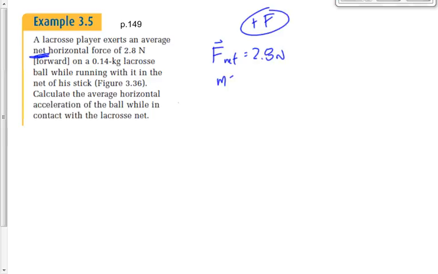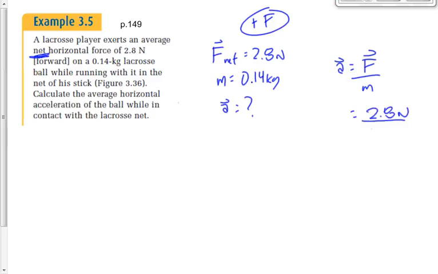The mass, for the first time we're doing a problem where we need the mass. We're going to find the acceleration. We're going to say F equals ma, or A is equal to F over m. Even though F is always the net force, sometimes we leave out the subscript just for a time savings. 2.8 newtons divided by the mass of 0.14 kilograms gives me, I think that's 20.